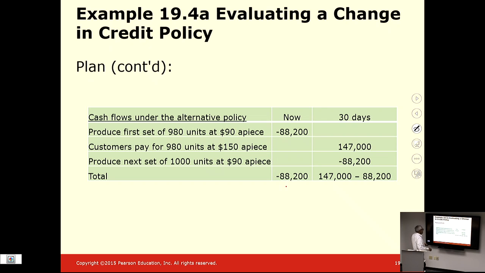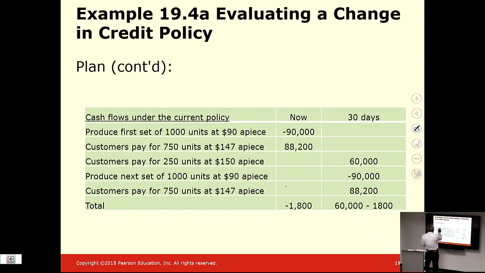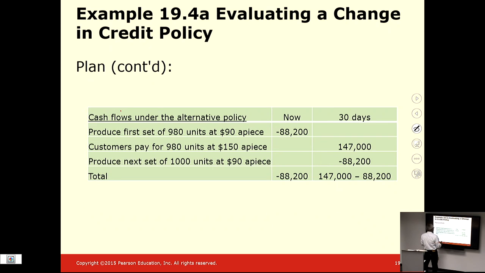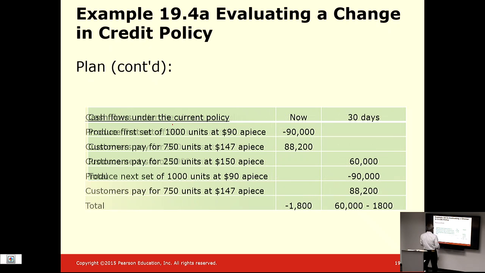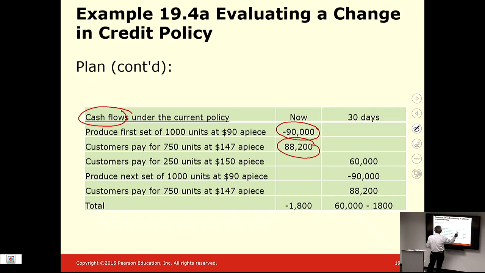So what we're looking at is cash flows under the current policy versus cash flows under the alternative policy. And to set up the cash flows, we are looking at how much does it cost to produce the unit, how much are they paying for the unit, what happens. So these are customers who are paying a reduced price. These are customers who are paying a discounted price, and so on and so forth.